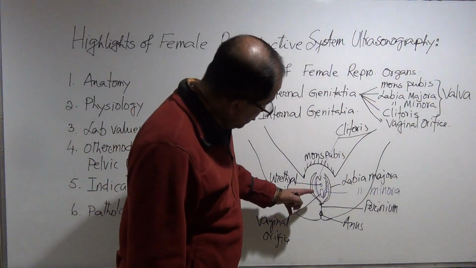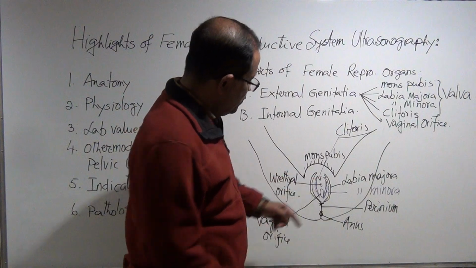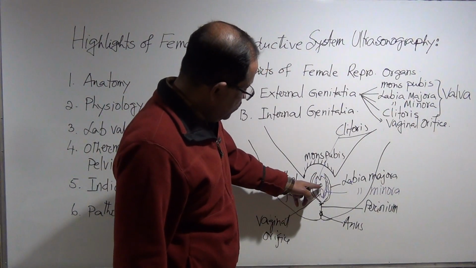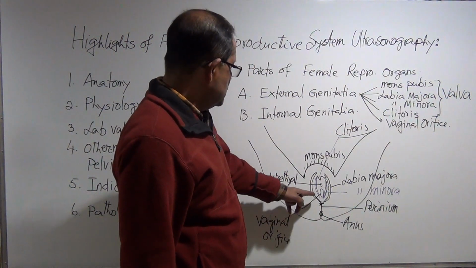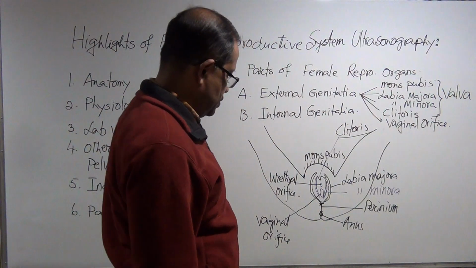Okay, so now there are two folds, one sensitive tissue, and the three openings. The urethra is anterior, the vagina is in the middle, the anus is posterior.